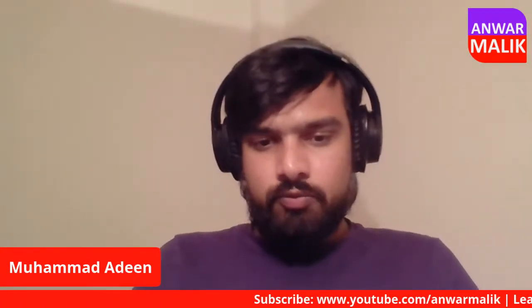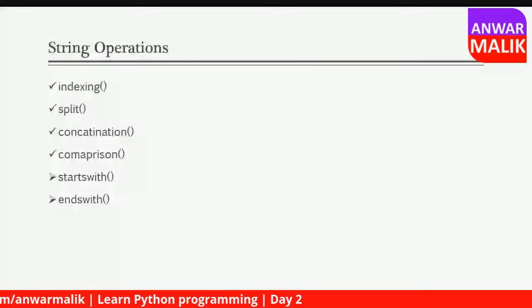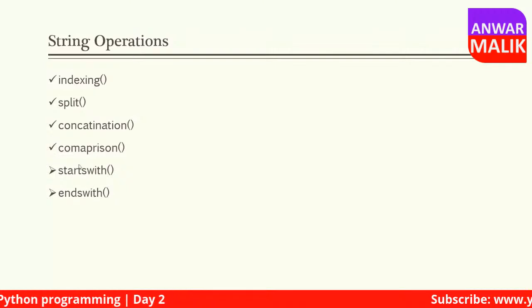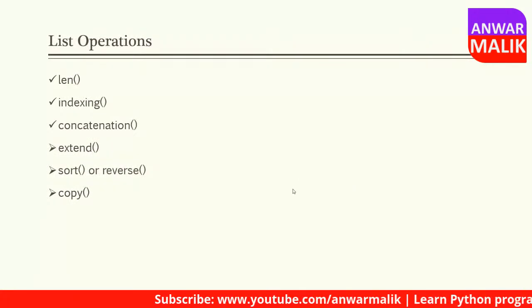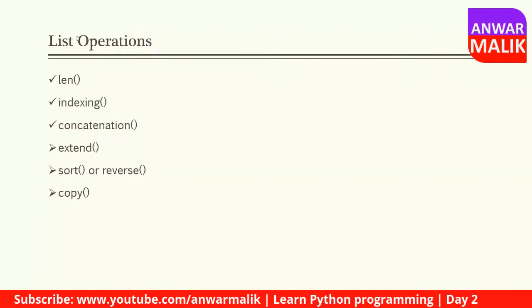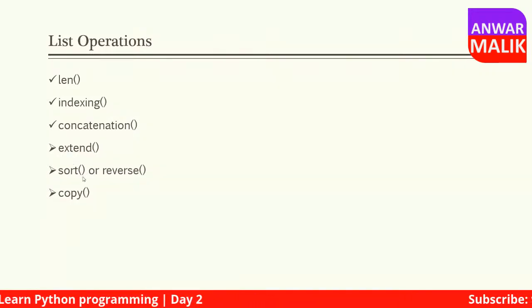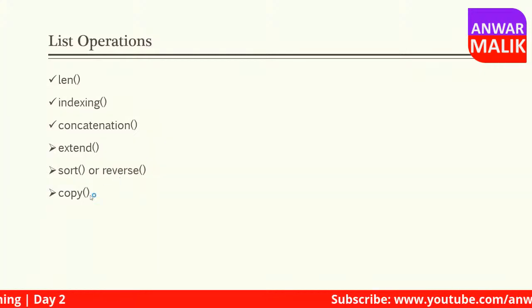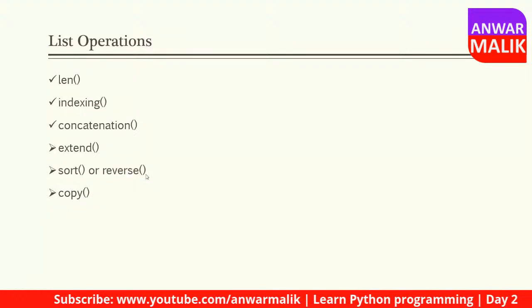Okay, so now we move back to our slides. Now we have discussed these two functions. So let's move ahead. Now we are looking at different operations that we can do with our list. These are extend, sort, reverse, and copy. There are a lot of functions or operations available.